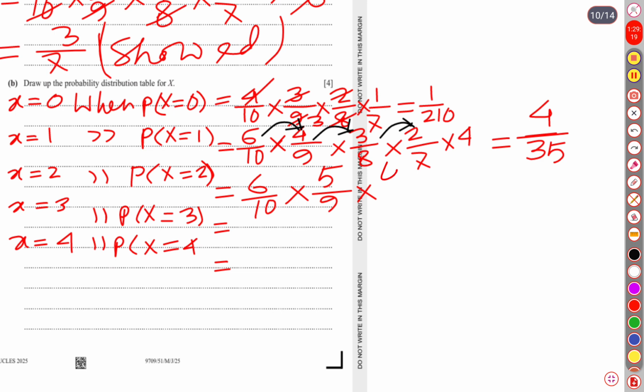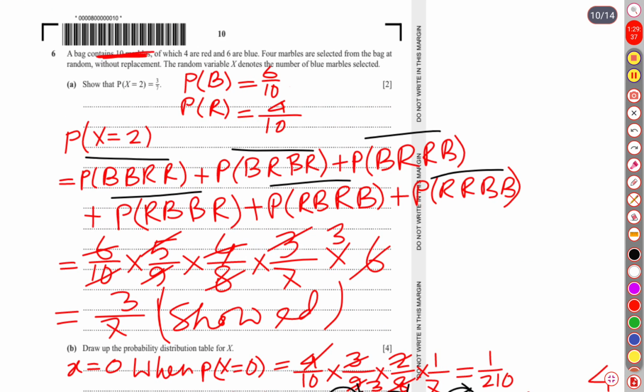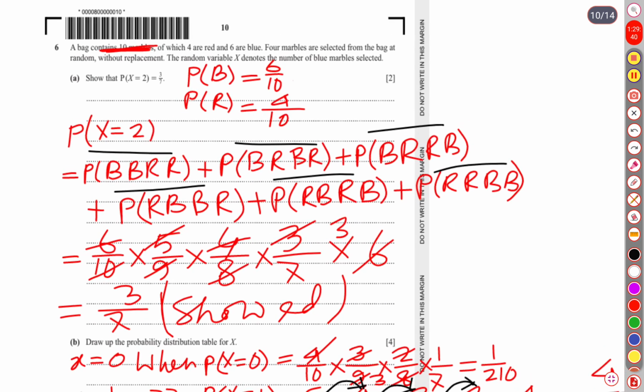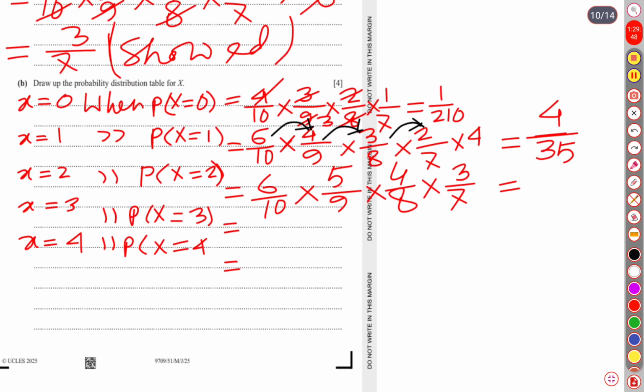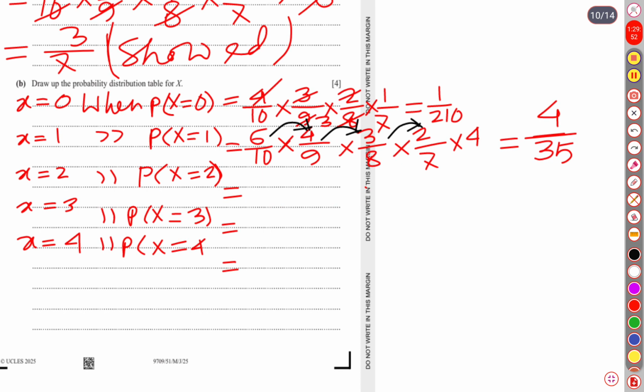So for red, 4 over 8, then 3 over 7. Look, when x is equal to 2, in the previous solution we have already written that when there are two blue marbles, our probability was 3 over 7. So we can just copy this. It is going to be 3 over 7. It is unnecessary to write it again. We have already calculated this, so let us write it directly.